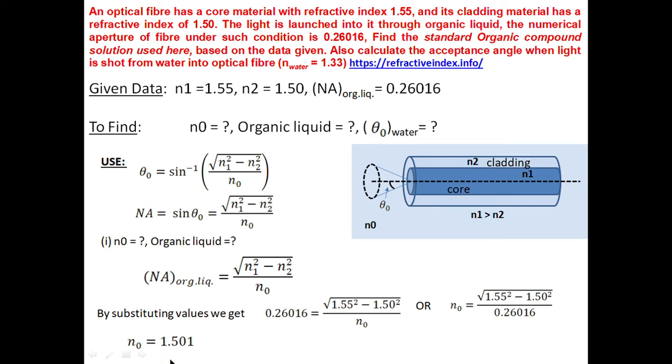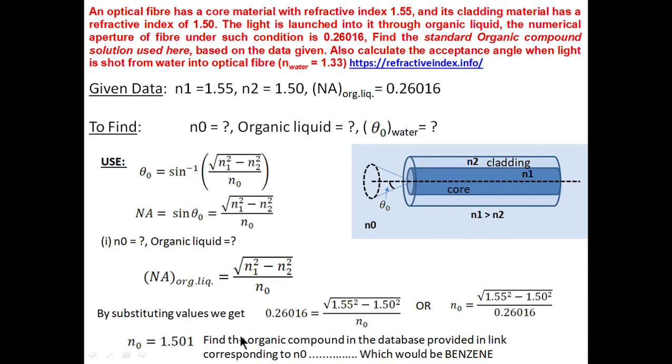To find out what liquid, you compare this value in Wikipedia or any sources. A simple source is refractiveindex.info. Click on it, go there and find it out. Once you find the match, the corresponding compound having an n naught value of 1.501 is benzene.